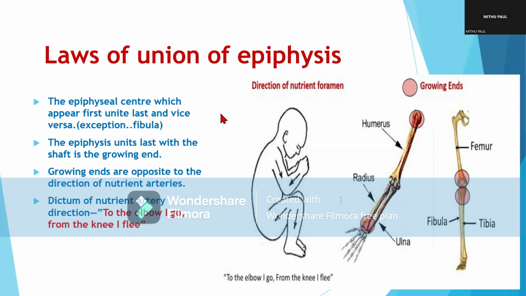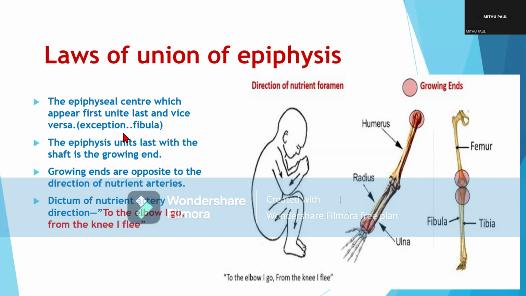There is a law of union of epiphysis. You must remember this every time you read any of your bones. The epiphyseal center which appears first unites last and vice versa.